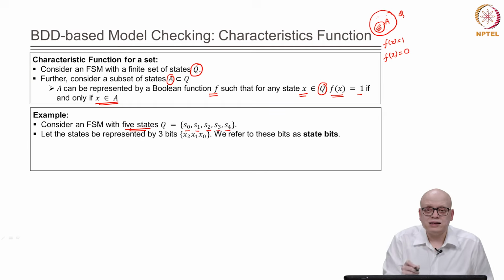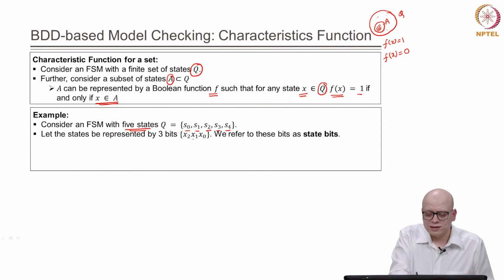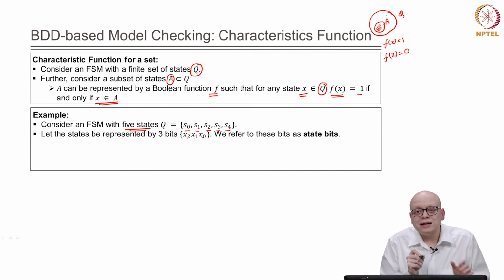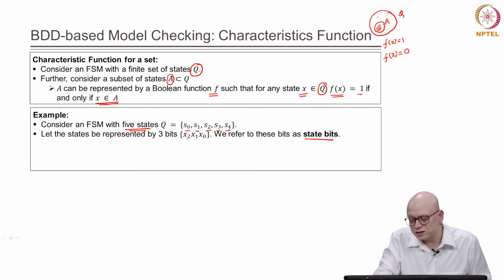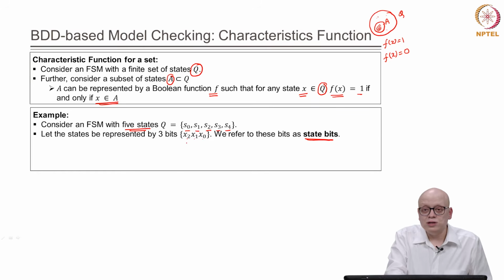Since there are 5 states, we will need at least 3 bits to represent these states. Let us call these 3 bits x2, x1 and x0. The bits that are used to represent states are known as state bits. So, in this case there are 3 state bits, which we denote as x2, x1, x0.